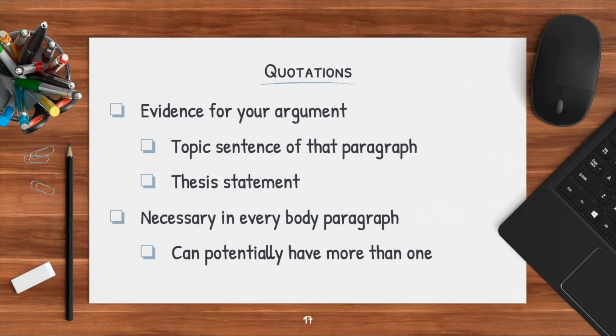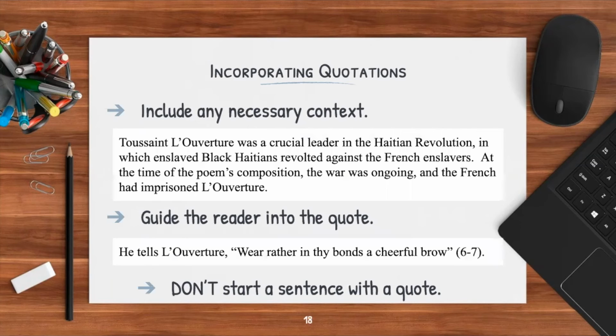To incorporate the quotation into the paragraph, first include any necessary context or background information. This could include unfamiliar references, like in the example we're about to read, or describing where in the story the quote occurs. For example, here we have Toussaint Louverture was a crucial leader in the Haitian Revolution in which enslaved Black Haitians revolted against the French enslavers.